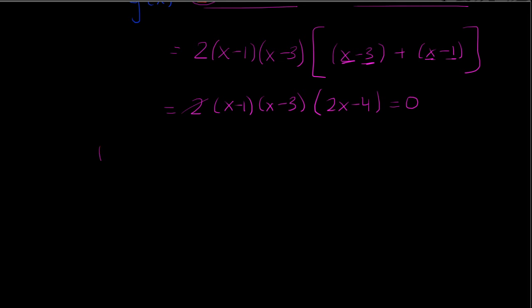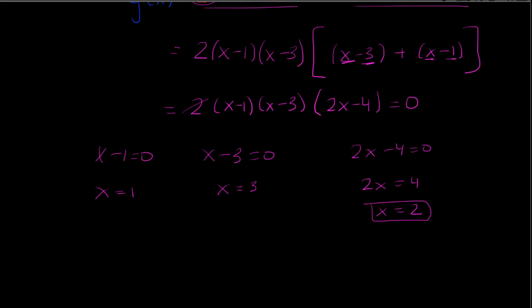So that's gone. X minus 1 is 0. X minus 3 is 0. And 2x minus 4 is 0. So I get x equals 1, x equals 3, 2x equals 4, so x equals 2. So I get 3 critical points, which will be at x equals 1, 3, and 2.